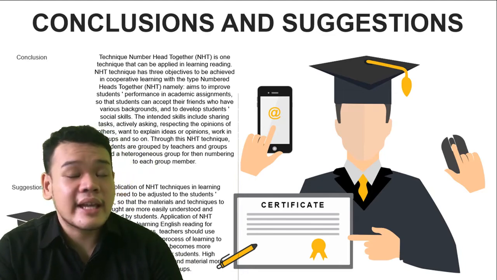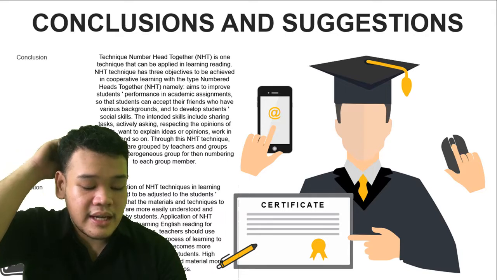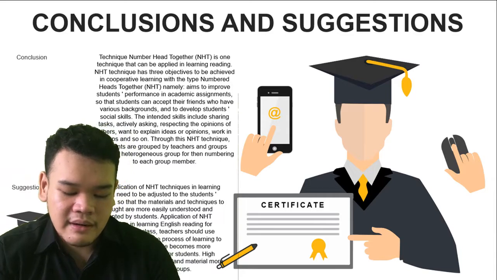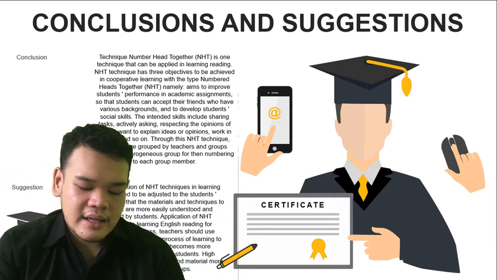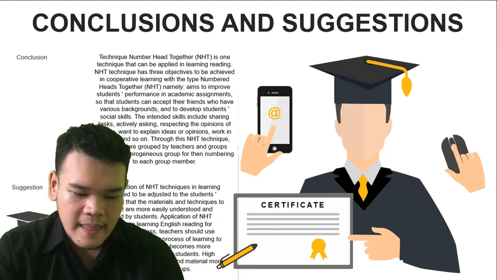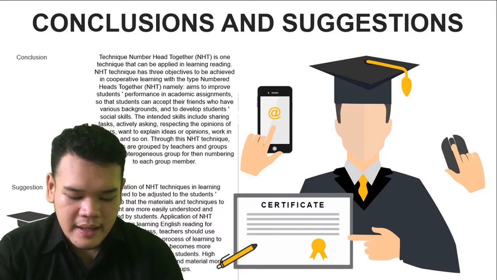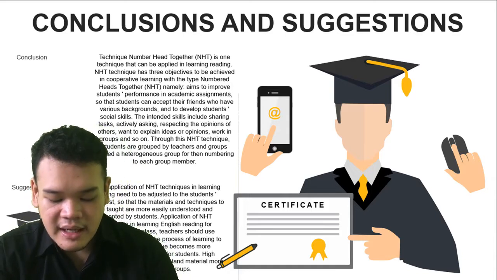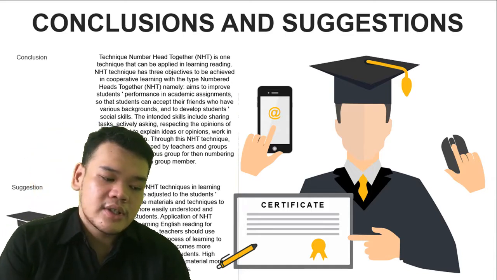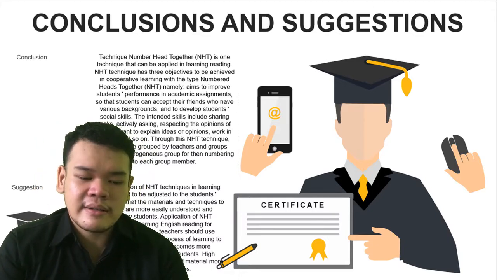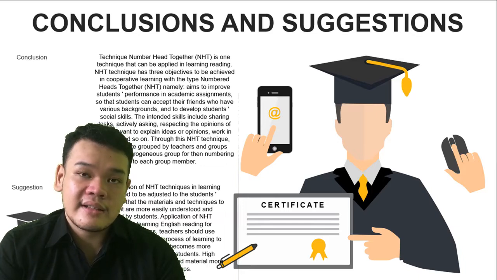The number head together technique has 3 objectives to be achieved in cooperative learning with the type number heads together. Namely, it aims to improve students' performance in academic assignments so that students can accept their friends of various backgrounds, and to develop student social skills.